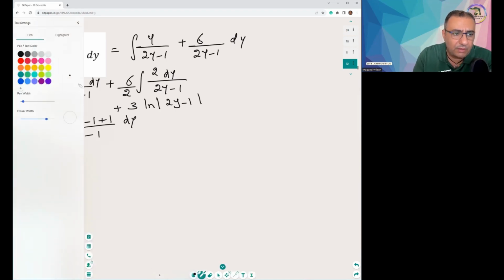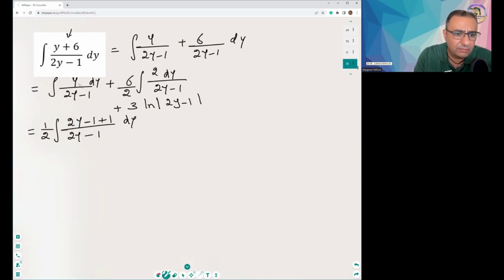And then I'm going to split this fraction here, from this plus here. So what I will end up with is 1 over 2, the integral of (2y - 1) over (2y - 1), plus 1 over (2y - 1), and all of this multiplied by dy.